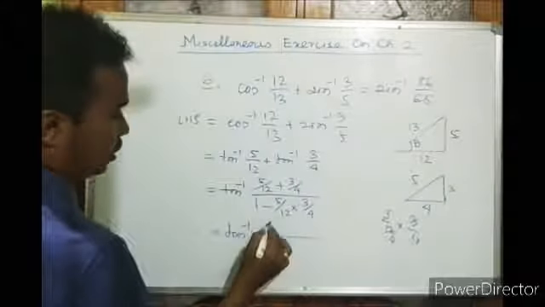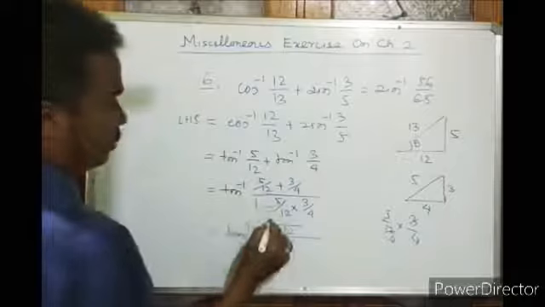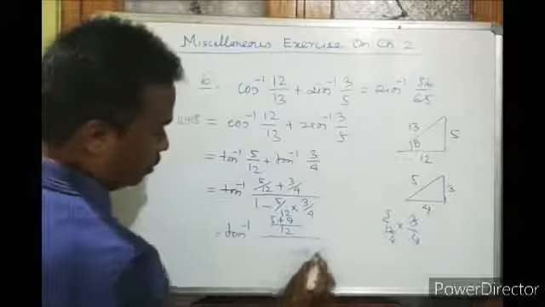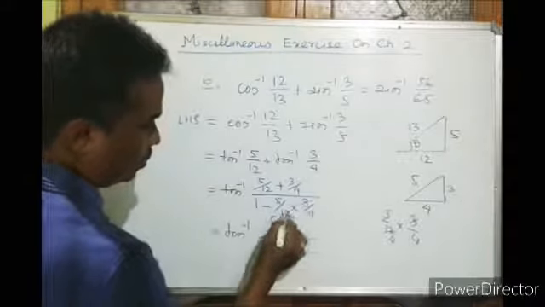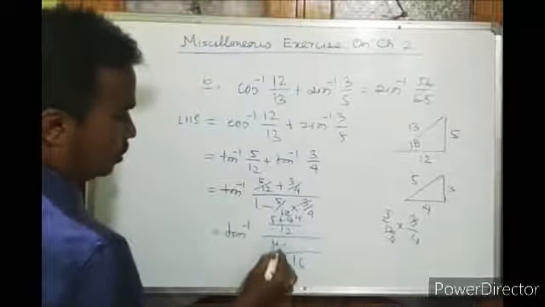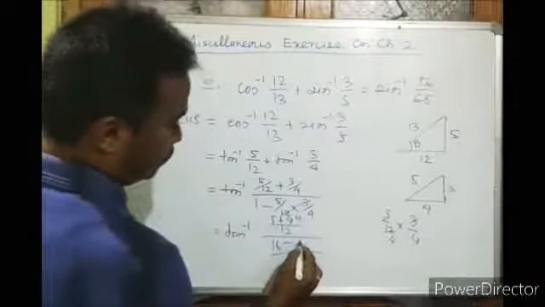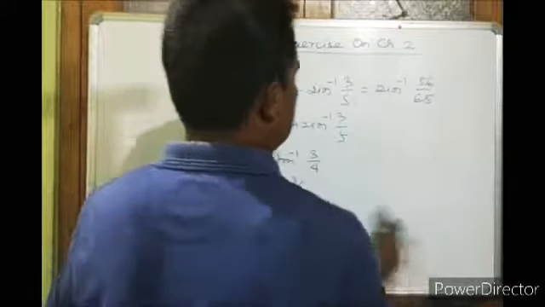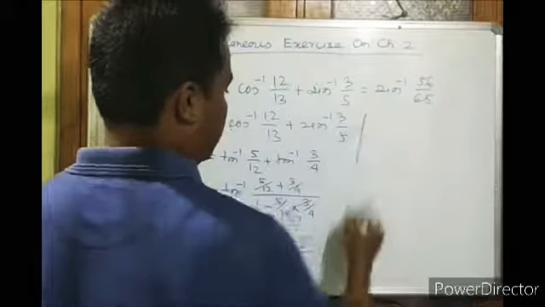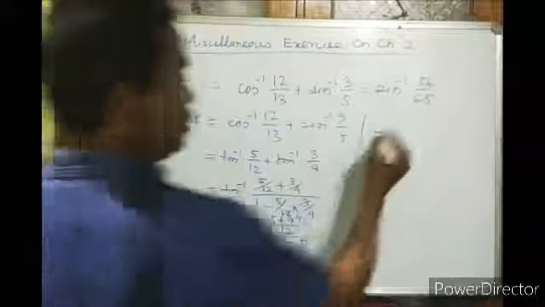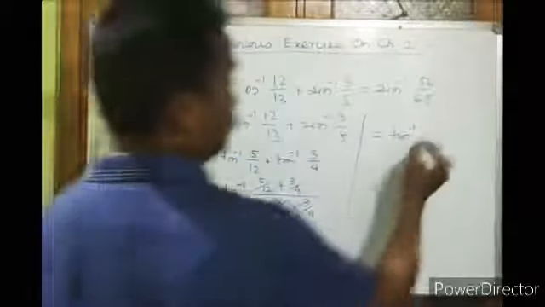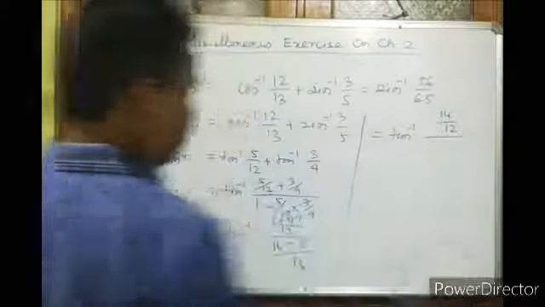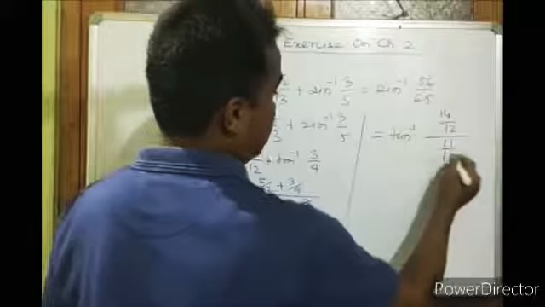So that is equal to tan inverse, if we simplify it, 12 is the LCM, then 5 plus 9, 14 by 12, and here 16 is the LCM, and then 16 minus 5, 11 by 16.